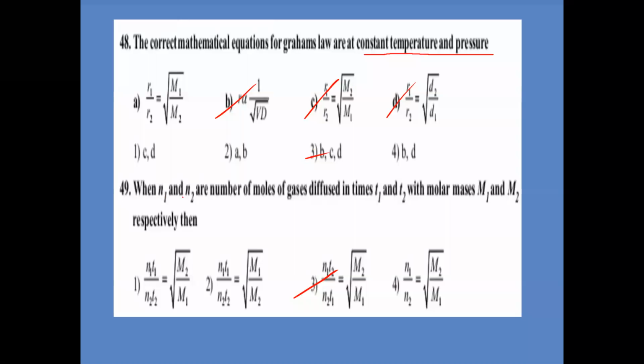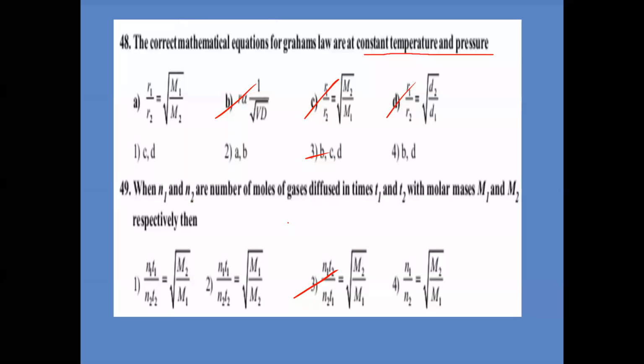Next, N1 and N2 are the number of moles of gases diffused in times T1 and T2 respectively, with molar masses M1 and M2. How can we express Graham's law of diffusion here?